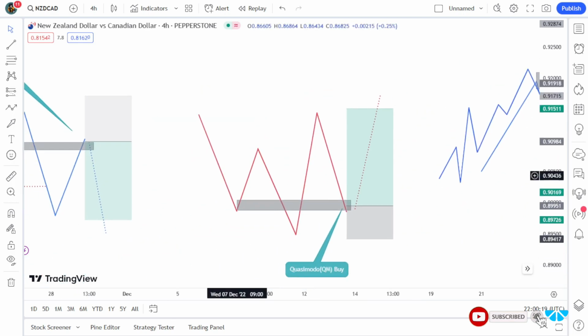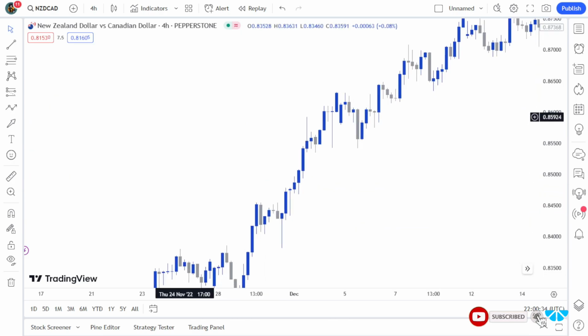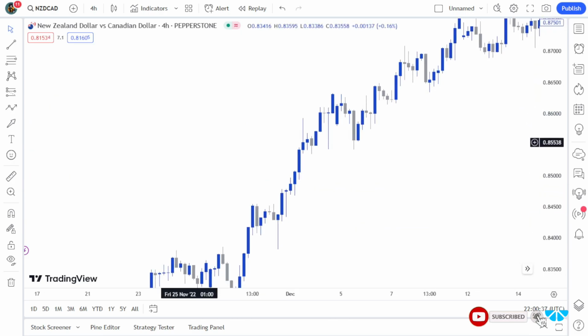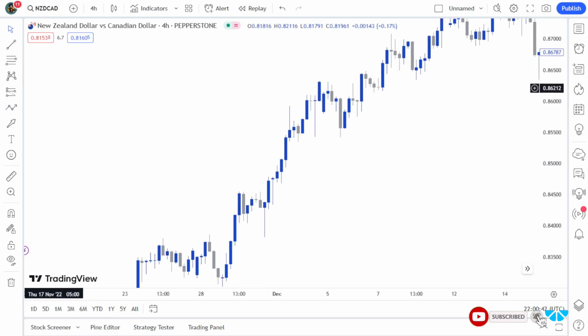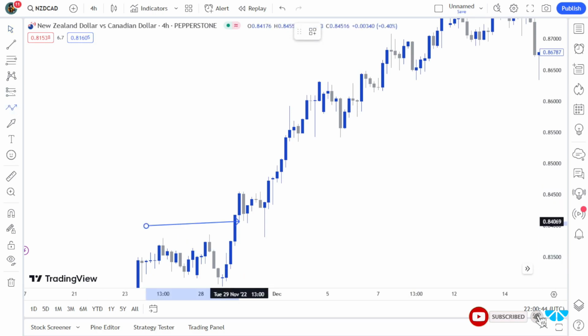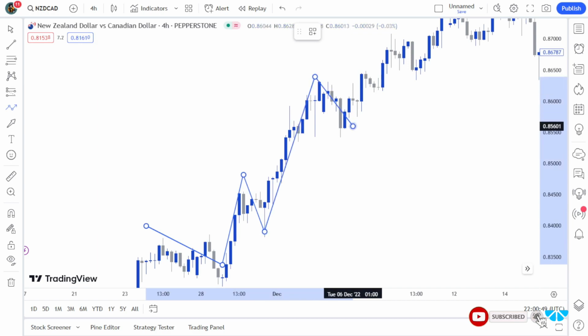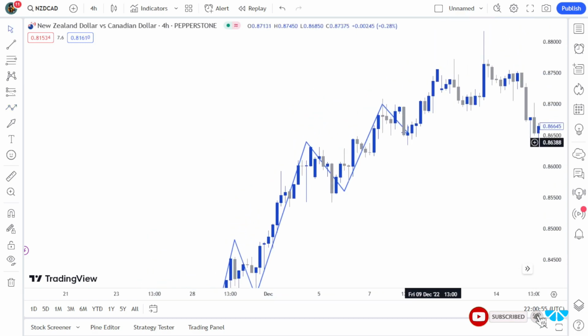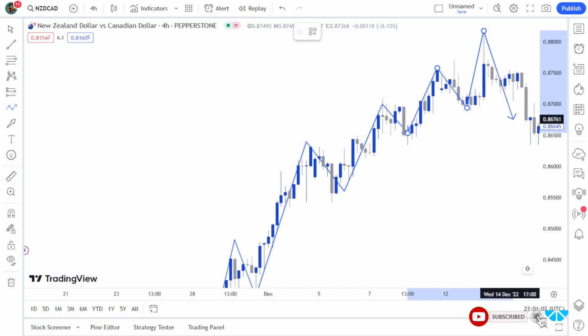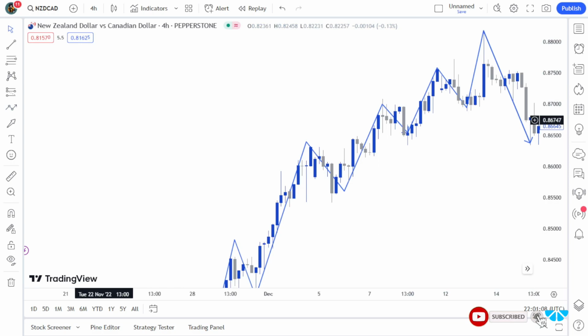Now let's look at these steps on a real chart. Okay, as you can see clearly, price is in an uptrend. How? You can see the higher highs, lower highs, higher highs, lower highs, and so on, then a higher high followed by a lower low, which indicates the break of structure.